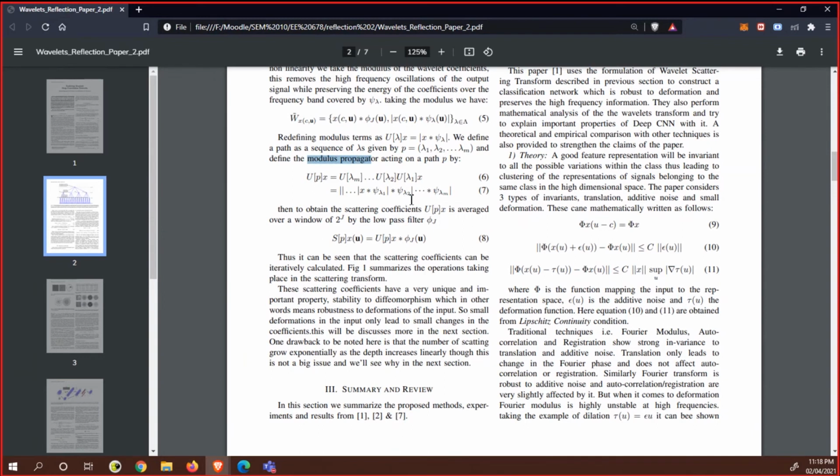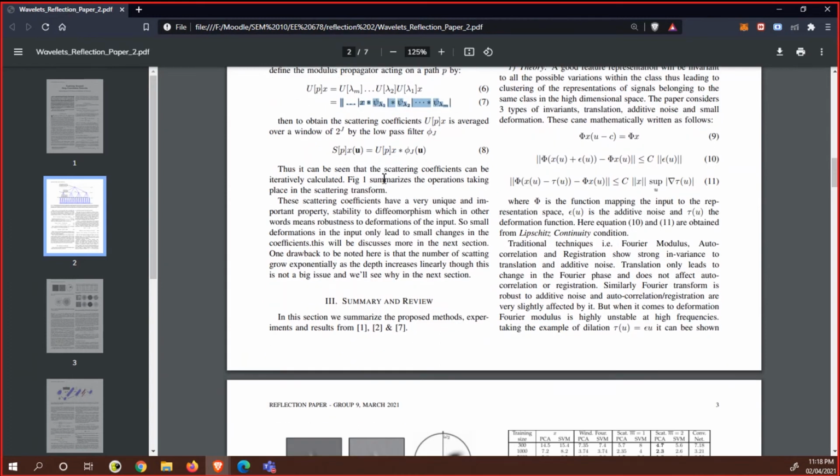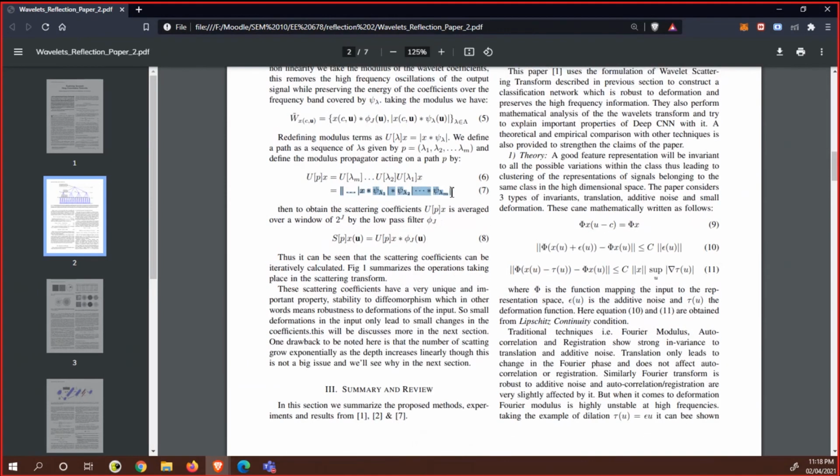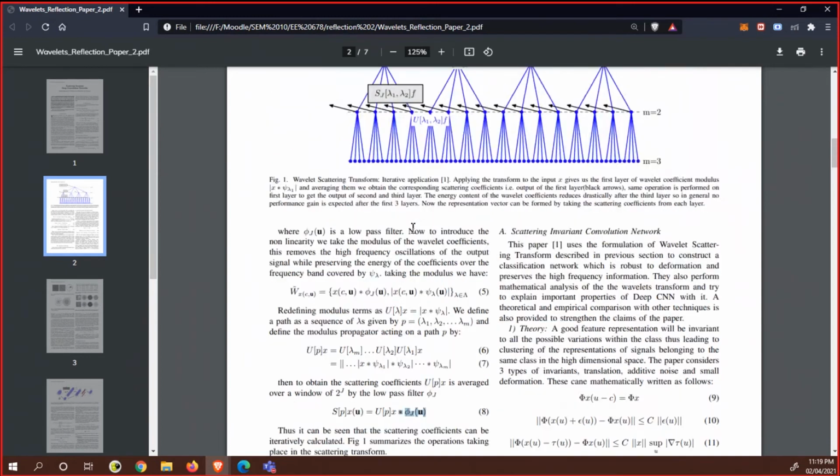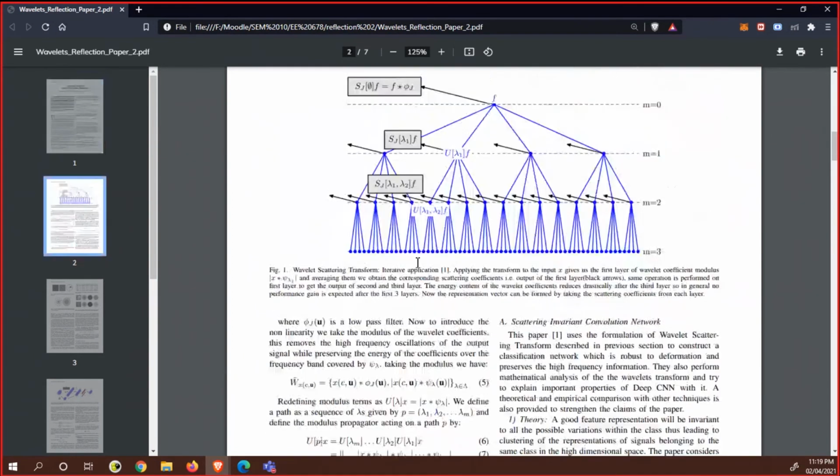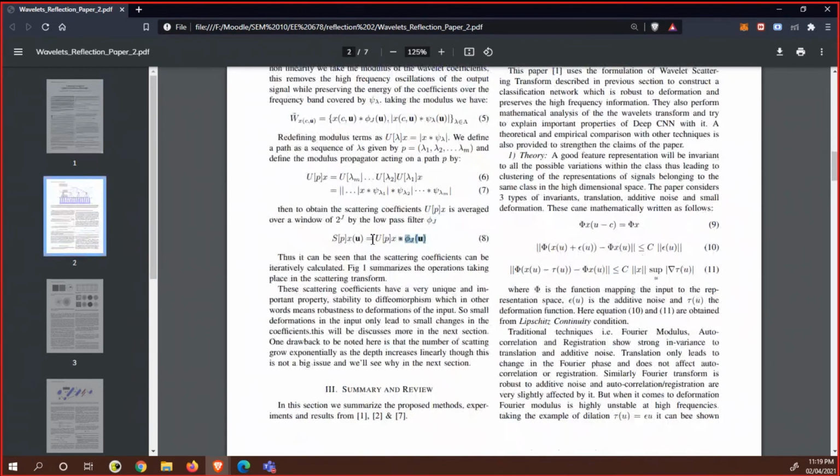This forms the basis of the wavelet scattering transform, and the scattering coefficients are then obtained by convolving the modulus propagator with the low pass filter phi_J that was defined before. And finally we get the wavelet scattering coefficients.